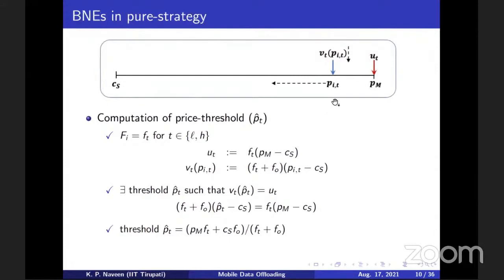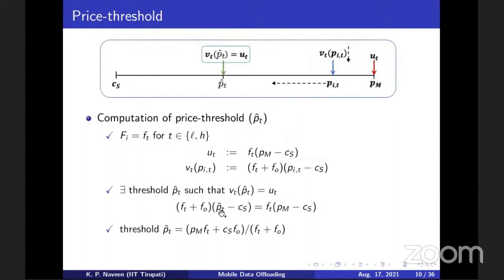That means that as I start decreasing this PIT, this price, this quantity reduces, and so naturally there should be a threshold at which the revenue that I fetch, if I can accrue both the monopoly as well as the overlap flow, matches the revenue that I'll fetch if I only choose to serve the monopoly flow at the full price. Okay, so you'll get a threshold like this here, right?